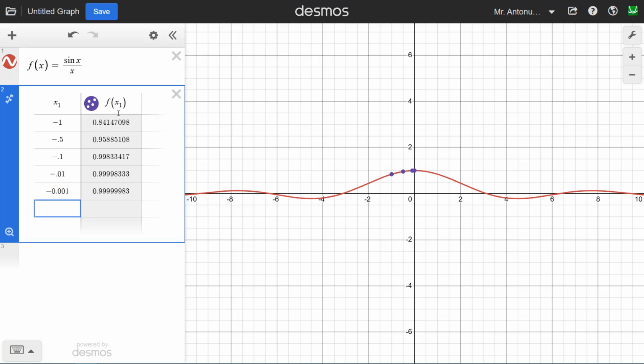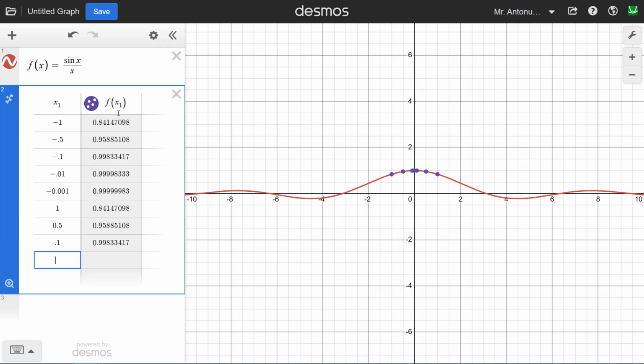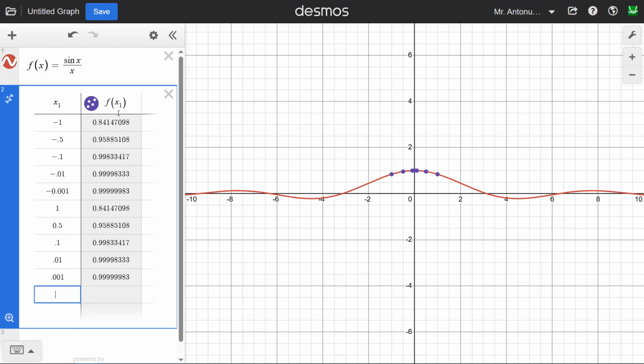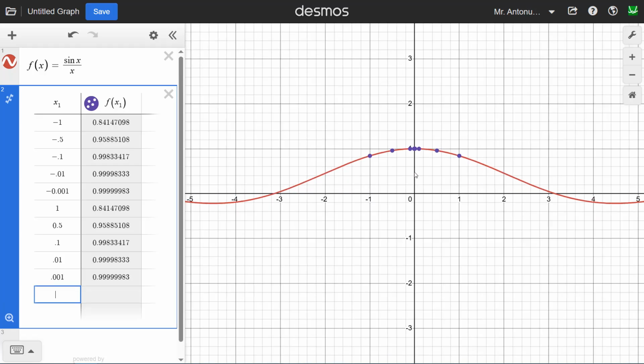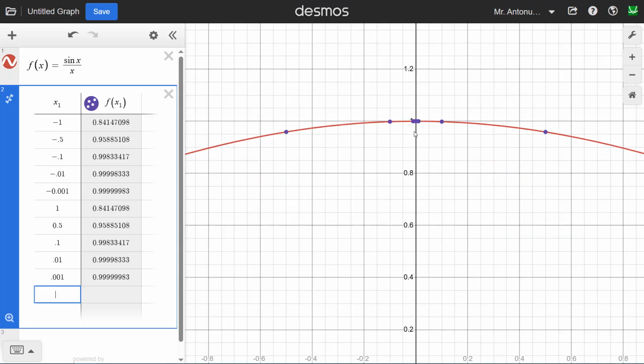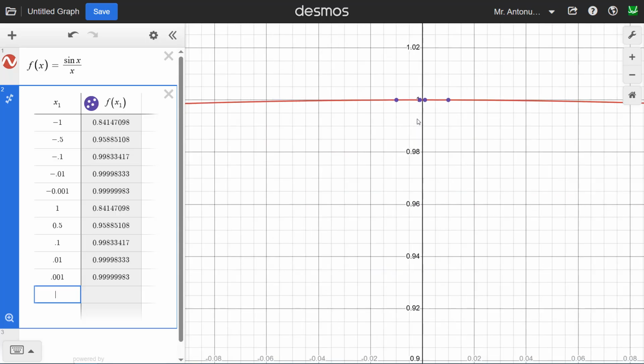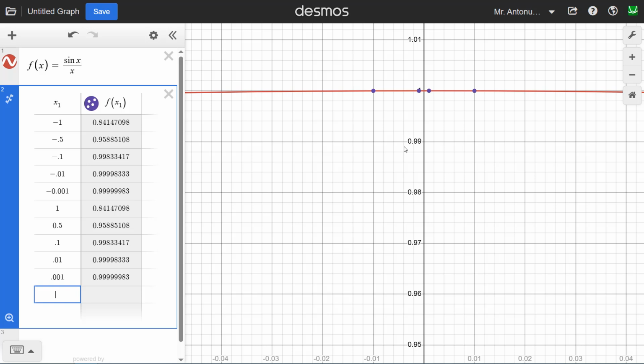Same thing we do, but from the right, 1, 0.5, 0.1, 0.01, 0.001, and we could see that the limit from the right is also 1. Since these two have the same value from the left and right, that suggests that the regular limit as x approaches 0 is 1.